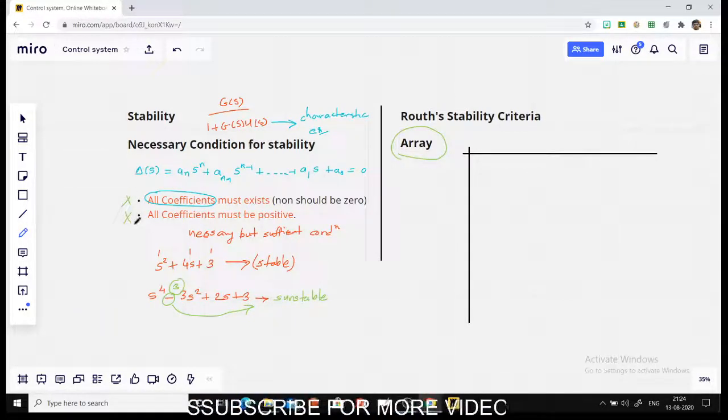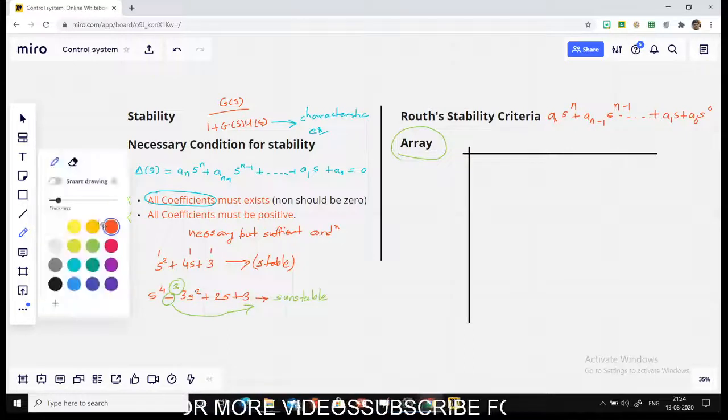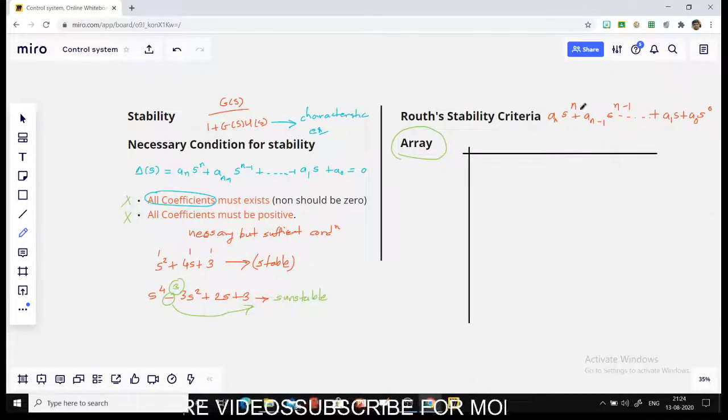Okay, so what is this Routh's array? It's very simple. If I have the equation a_n s raised to n plus a_(n-1) s raised to n minus 1 and so on till a_1 s plus a_0 s raised to 0, I can arrange this equation starting with the first factor, s raised to n.